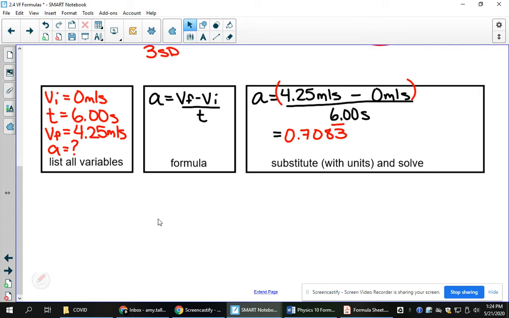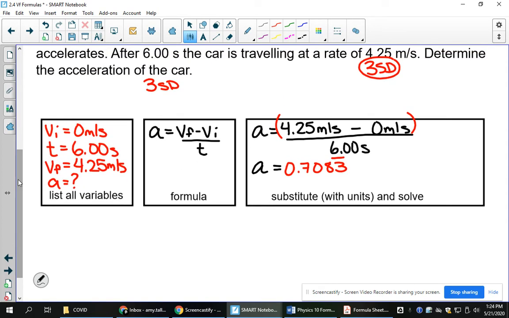Now, I'm writing this down just so we can learn how to do it properly. And we need to make sure that our answer is written to 3 sig digs, like we said. So here's my 3 significant digits. I only look at the number directly after those 3, so it's a 3, to see if I round.